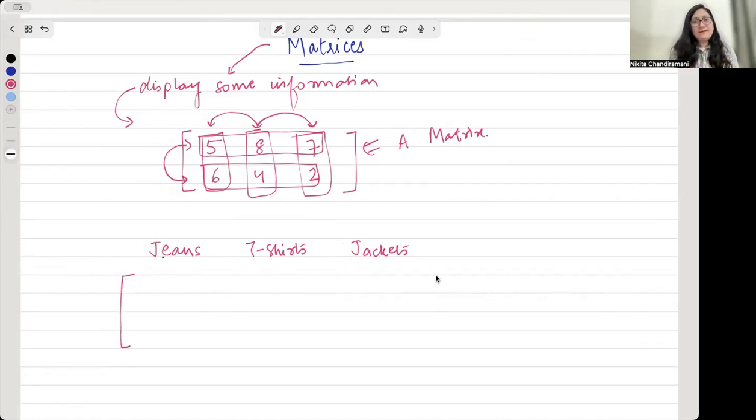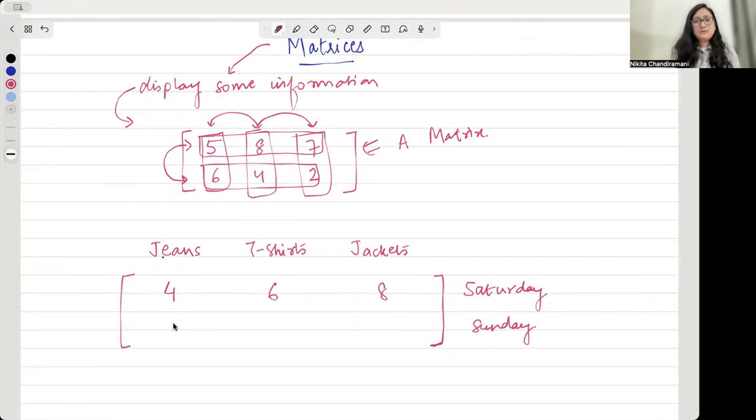It could be turned the other way around as well. There's no particular rule that you have to do it like this or that. And we have t-shirts, jeans, and jackets sold. So let's say there were four jeans sold, six t-shirts sold, and eight jackets sold, random numbers. And I am finding the sales for Saturday and Sunday.